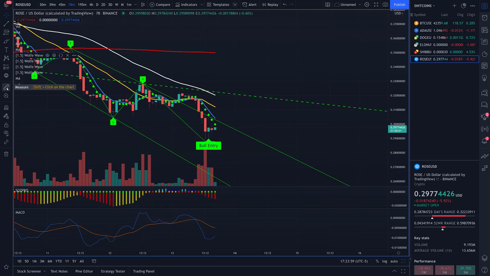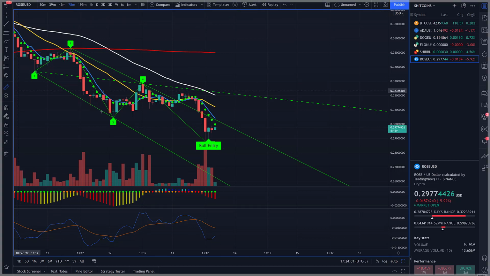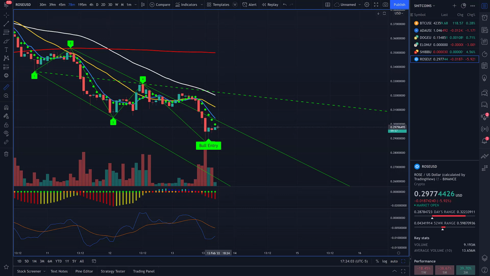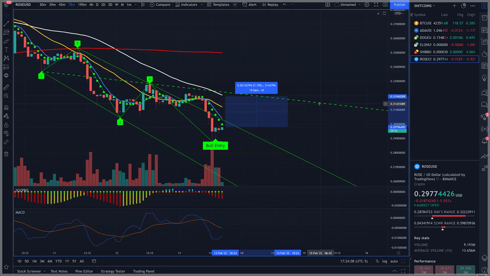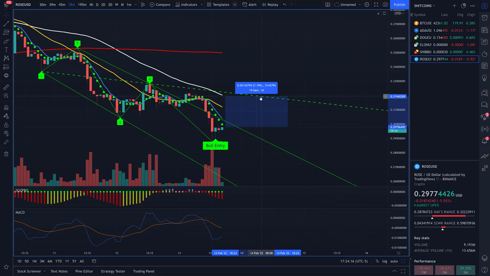So we don't really have a good idea when this is going to reach the periphery line. But let's say we want to measure the expected move. So 7%. Is 7% really worth the trade? Is that something you want to make on this particular setup?